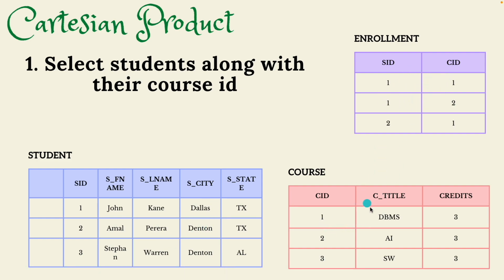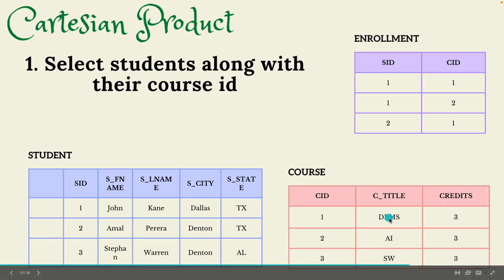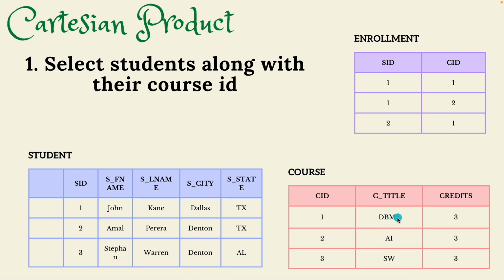You have course IDs in course relation as well, but there is no way of combining these two. There is no common attribute to these two relations, but there is a common attribute in these two relations, student and enrollment, that is student ID. Let's combine these two.